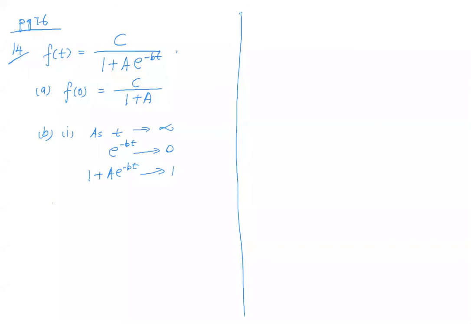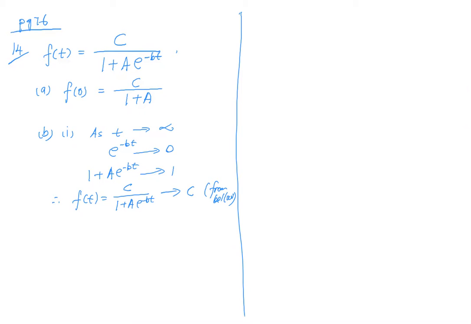So therefore, f(t), which is c over 1 plus a e to the power negative bt, approaches c from below. So this is the upper limit. Am I right? Yes. Okay, now if a is greater than 1, there is a point of inflection.